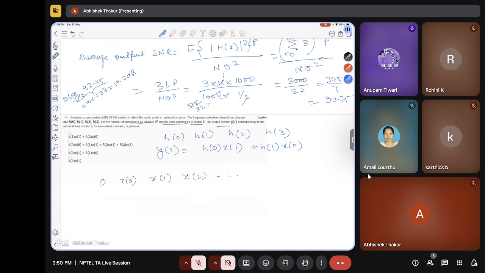So before this there is zero padding. So whatever we multiply, h2 into 0, h3 into 0. So our y1 will be h0 x1 plus h1 x0. Okay, so the correct answer is option C.